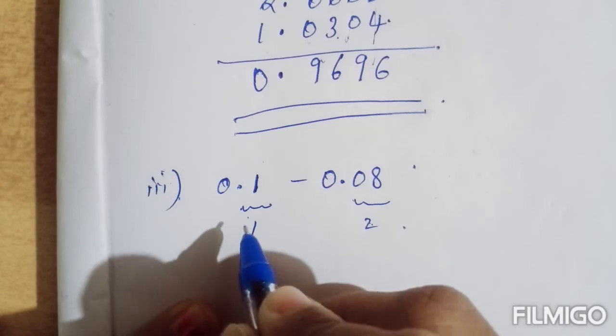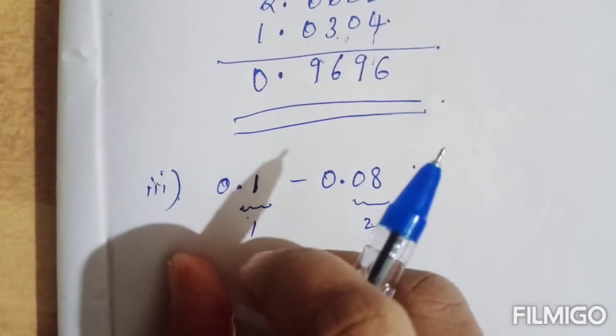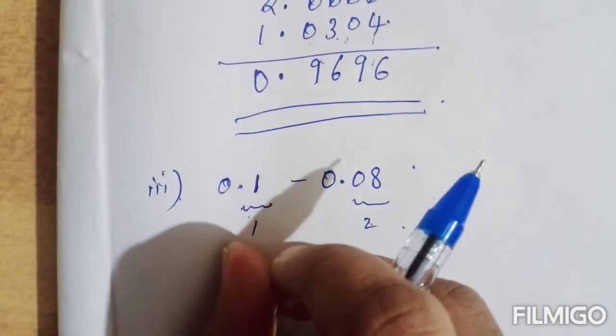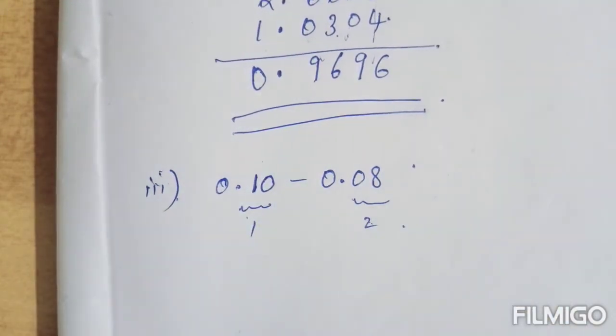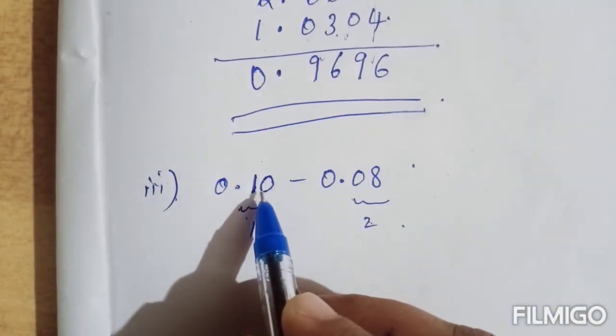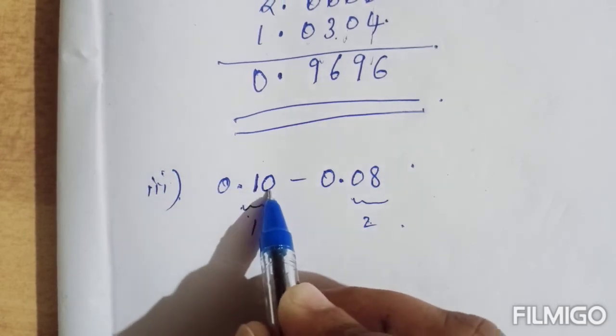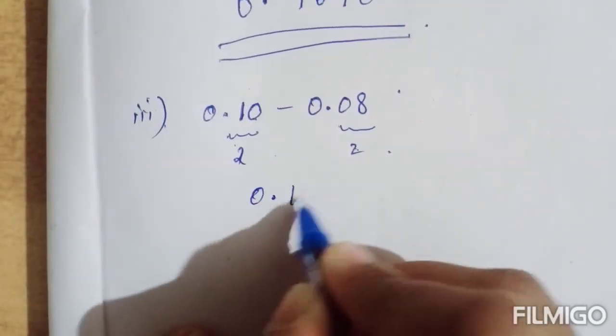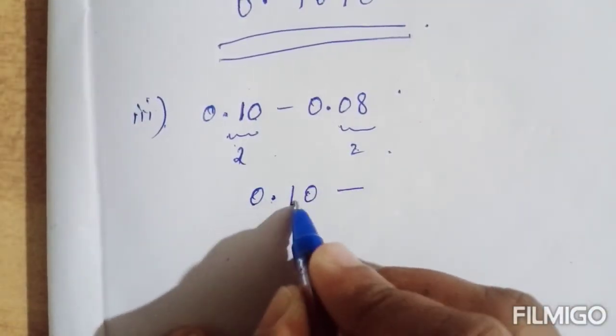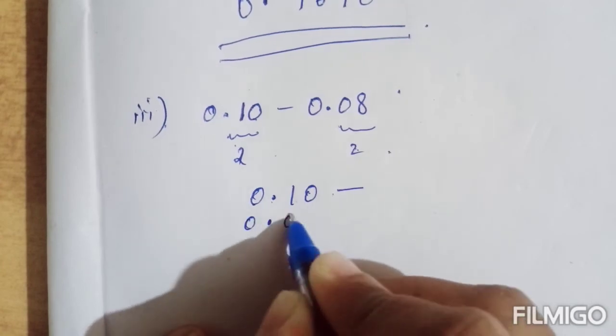So make the number of digits in the first decimal number 2. Okay, you can put a 0 at the right end. So 0.10. Now the number of decimal places is 2. Okay. On doing subtraction, you can first arrange column wise: 0.10 minus 0.08.